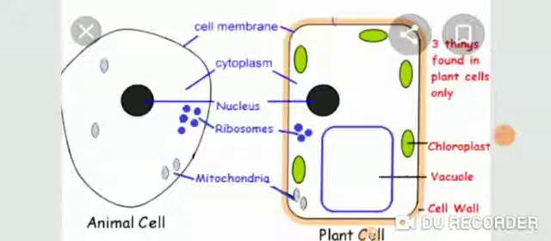Next, we study some cells as an organism. They are unicellular, but they are organisms also.